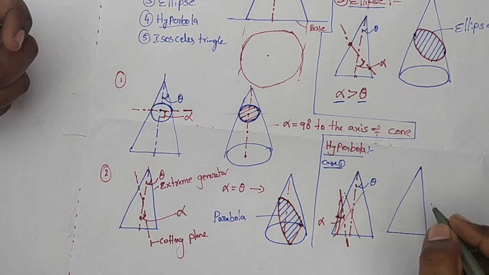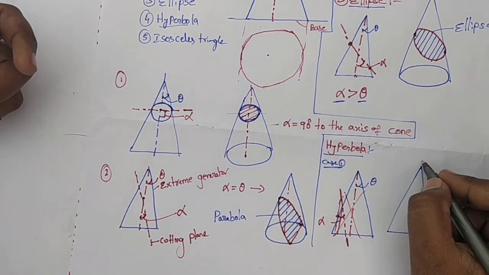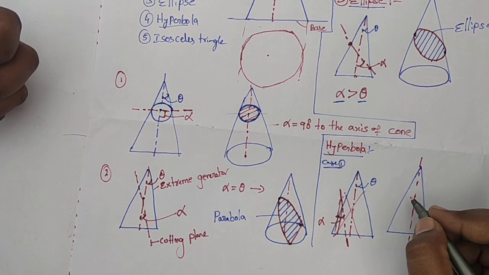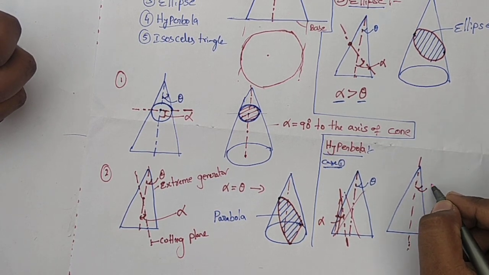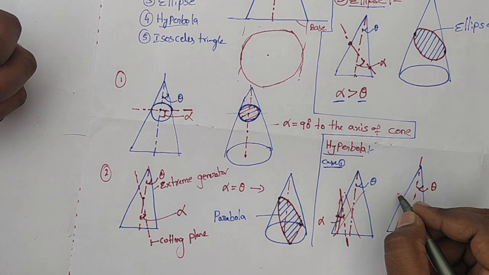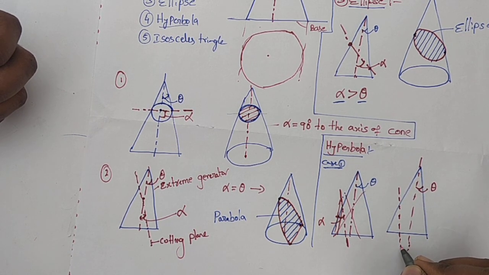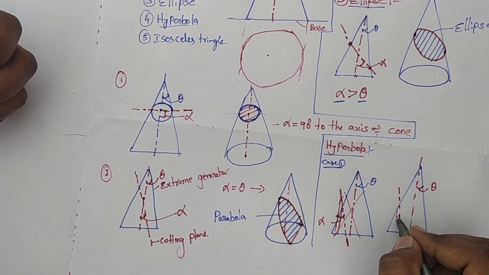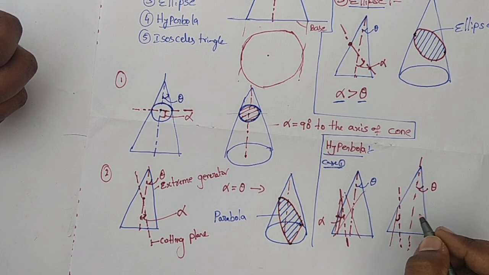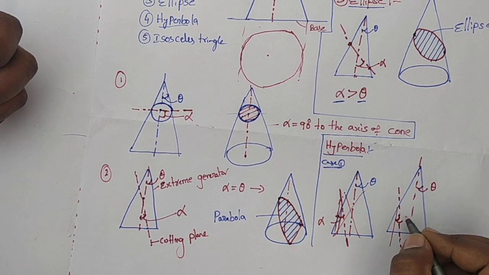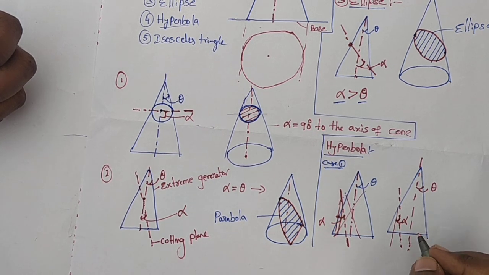It is the cone. It is the axis. And this one is theta. I am considering cutting this object. Here, I am drawing a line parallel to the axis, and the angle formed is known as alpha.